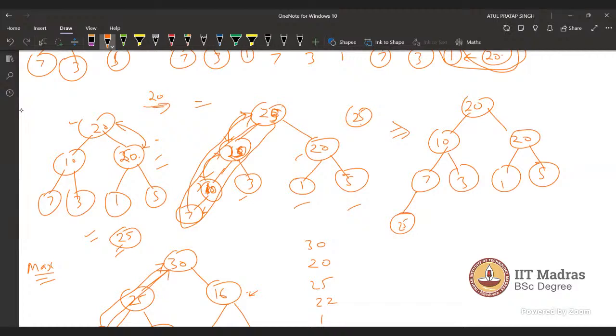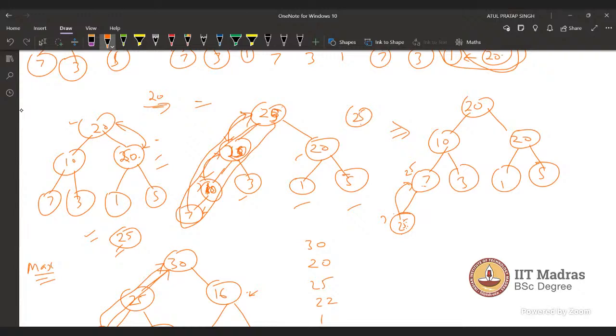This 25 can move only by swapping with its parent node. We compare this 25 with its parent node to maintain the max heap property. 25 is greater than 7, so this violates the max heap, and we swap the values. Now 25 comes here and 7 comes here. Now we compare this 25 with its parent node.